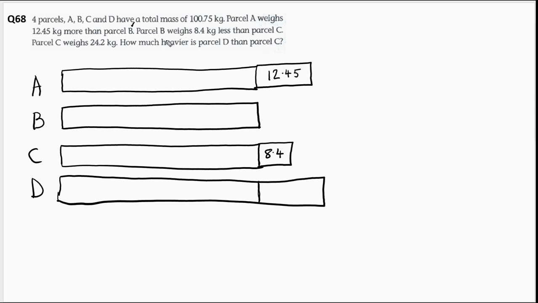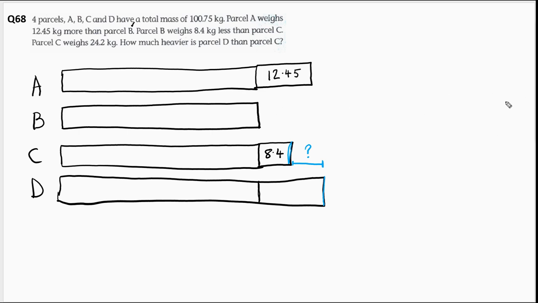What I'm looking for, though, is how much heavier D is than C. So what I should also do is mark in where my question is. It's the difference between these two. That's my question mark, between C and D. That's the end of C. That's the end of D. Okay, there we go.